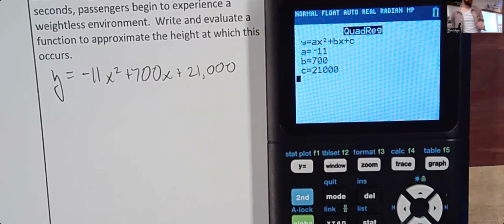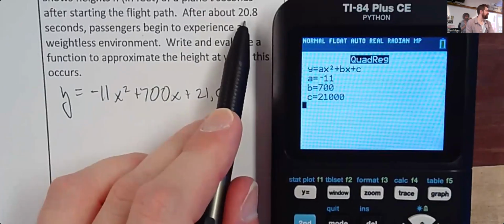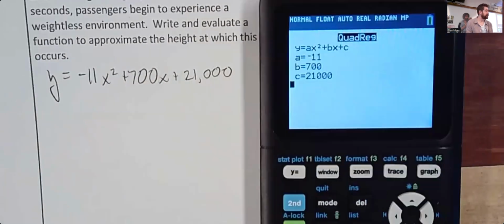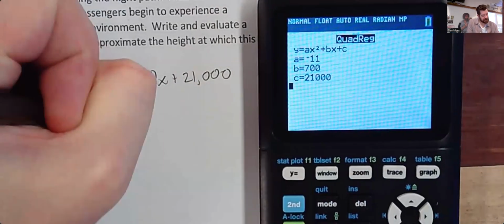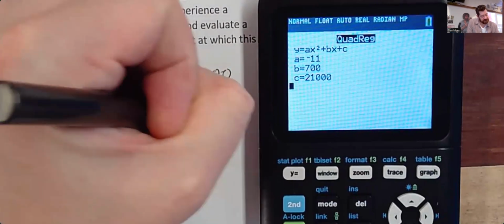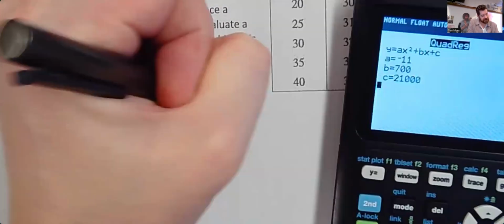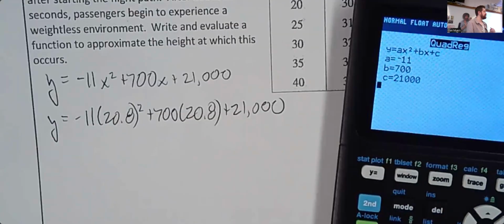Never mind. It tells us the time right here, 20.8. So we don't even need to do that. We just need to take that and plug that in for x. Let's do that instead. So that'll be y equals negative 11 times 20.8 squared plus 700 times 20.8 plus 21,000. It's easier than I was making it.